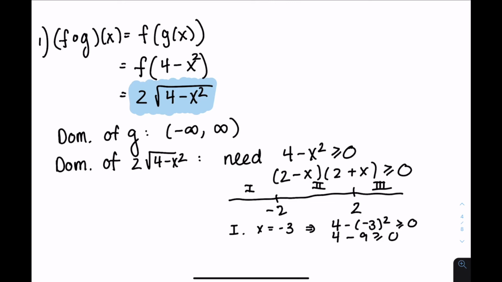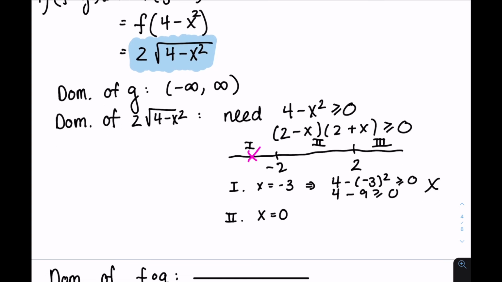That's 4 minus 9 being greater than or equal to 0, and that's a problem. So this interval doesn't work. If we go to interval 2, 0 falls in there. If you pick 0, that's 4 minus 0 squared, which is definitely good. So everything inside interval 2 is going to be good.